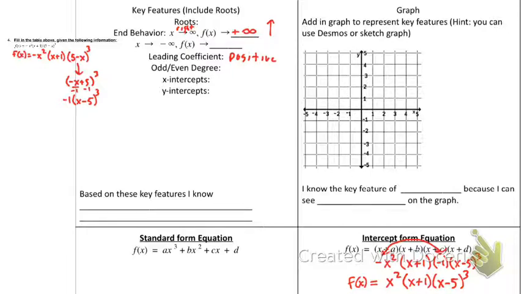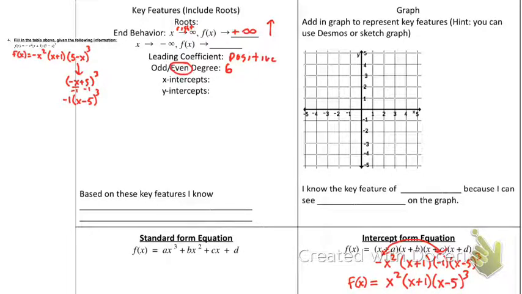Now the degree, we're going to get the degree. We actually can get it from here if you wanted, but we're going to turn it into standard form. The degree is a little bit easier to see. But if you want, we could get the degree here. We could add these up. We add the powers. 3, there's a 1 here. That's 4, 5, and 6. So if we did everything right, our degree should be 6, which makes it even, okay?